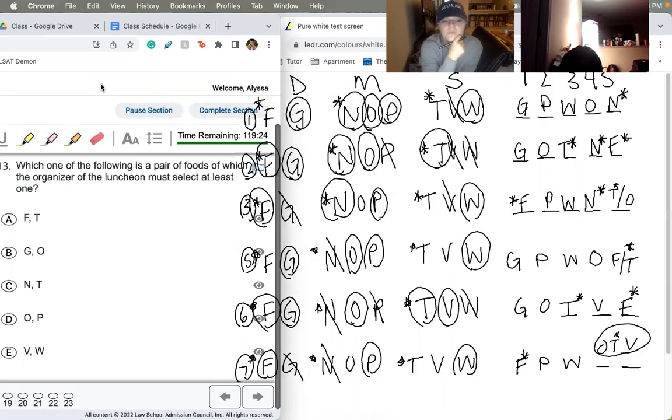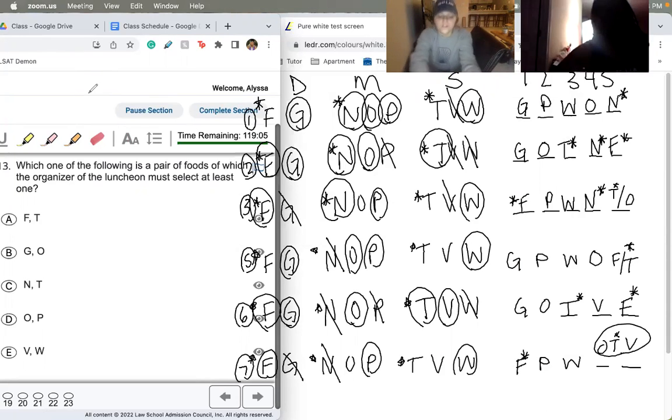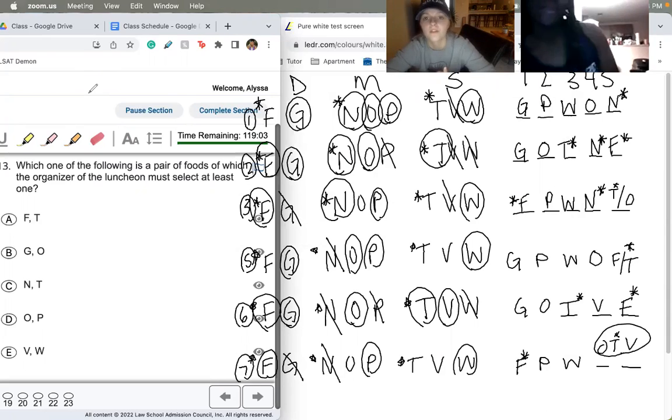So it says, which one of the following is a pair of foods which the organizer of the luncheon must select at least one? I don't think I understood the question. Yes, so this one is written in a really confusing way, so it doesn't shock me. So let's take it bit by bit. First part, it says, which one of the following is a pair of foods?